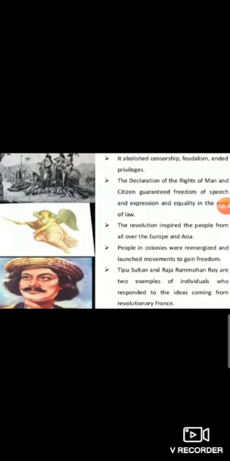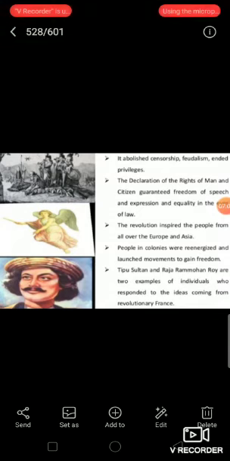Colonized peoples reworked the ideas of freedom from bondage into movements to create a sovereign nation state. Tipu Sultan and Raja Ram Mohan Roy are two examples of individuals who responded to the ideas coming from revolutionary France. Now, students, from tomorrow we will start a new chapter in DP, that is Democratic Politics, Chapter 2.